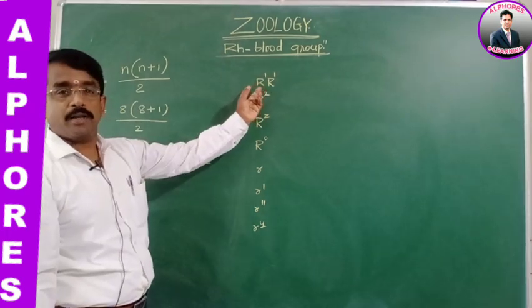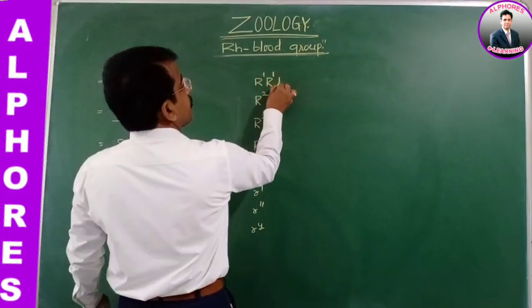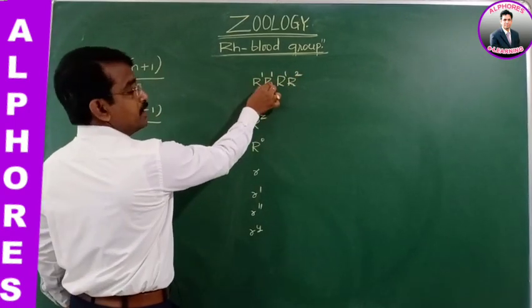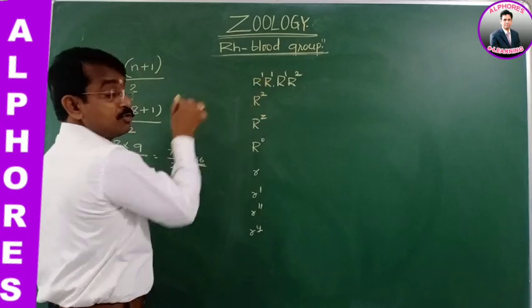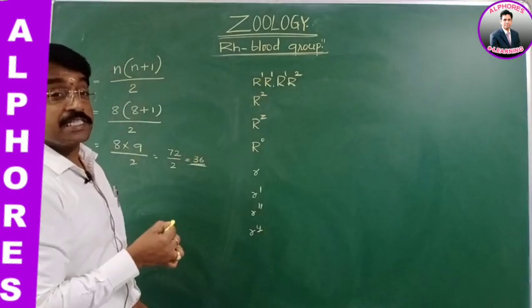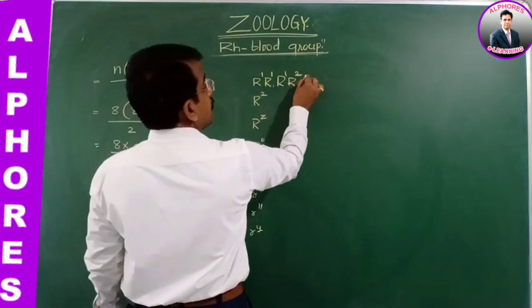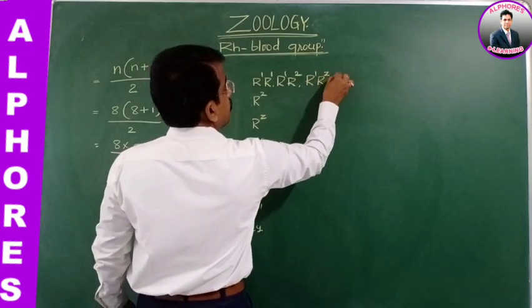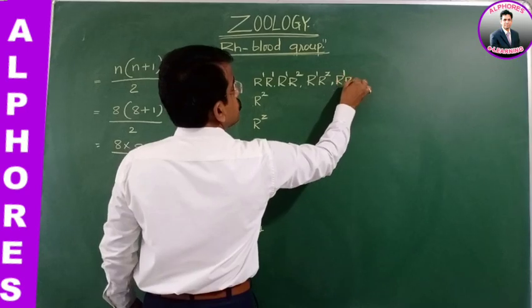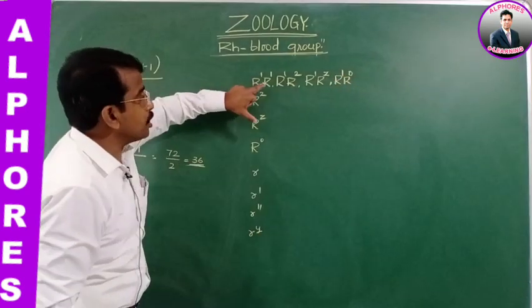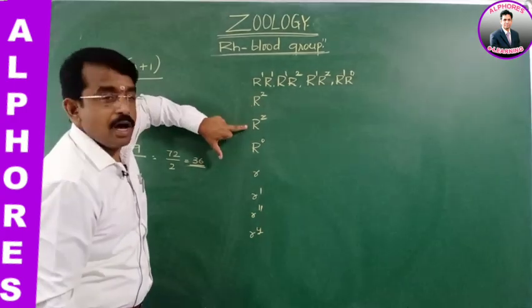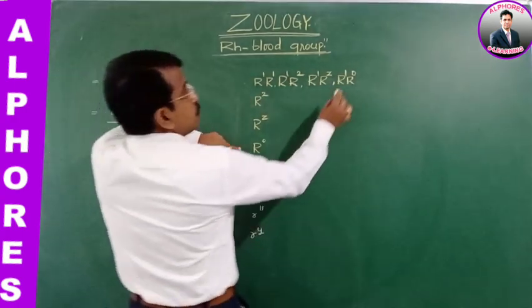So this is 1. Next, capital R1, capital R2. This is also homozygous itself, but different dominant alleles. So capital R1, capital RZ, capital R1, capital R0. I repeat, R1 R1, R1 R2, R1 RZ, R1 R0.